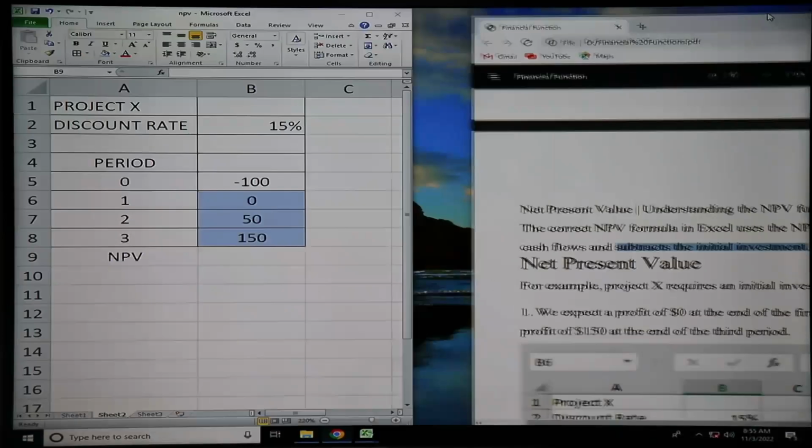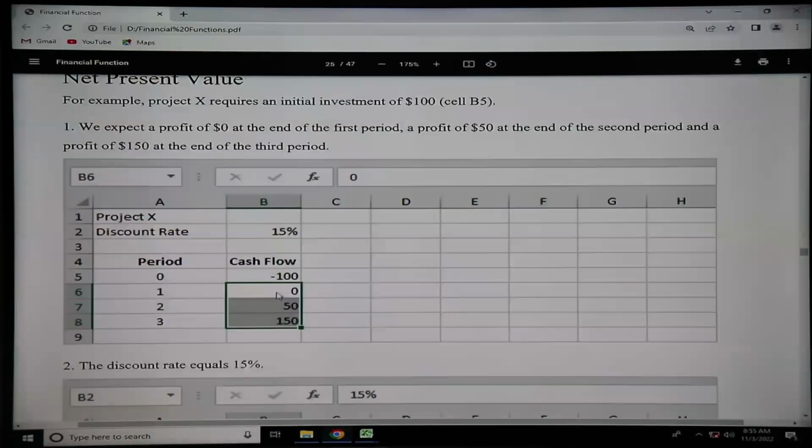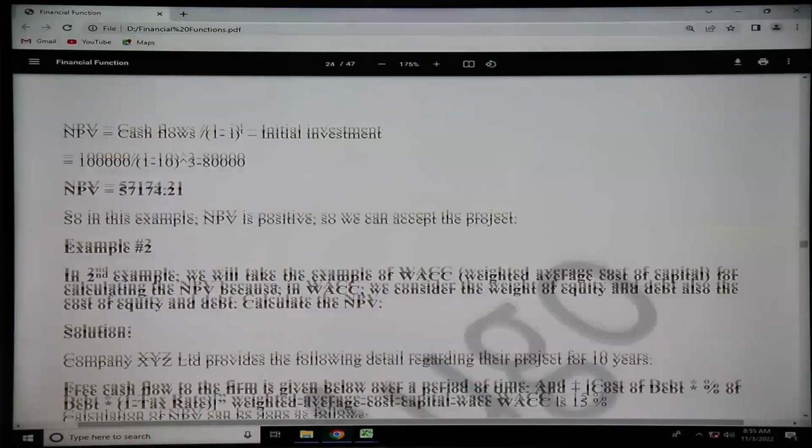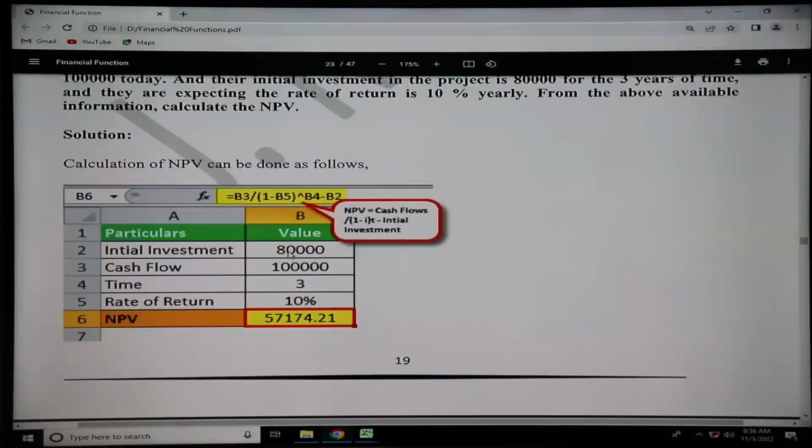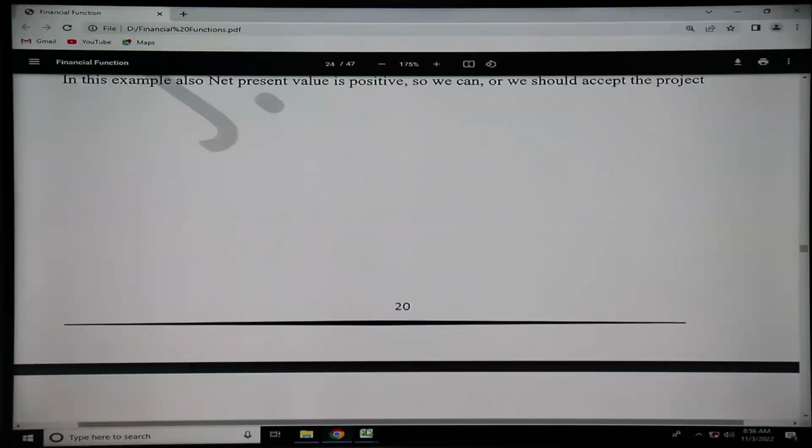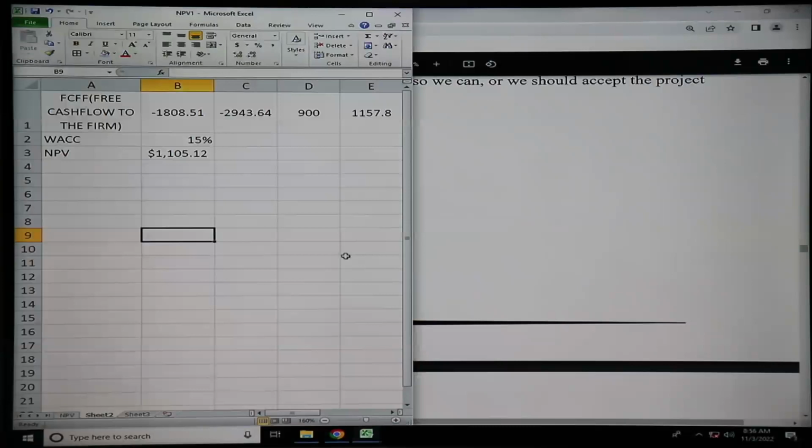But we only do that if the initial investment was positive, like in the earlier case, where it was 80,000. But in this exercise, our initial investment is not positive. We are given a negative value.